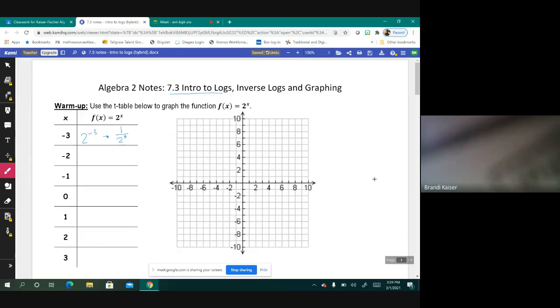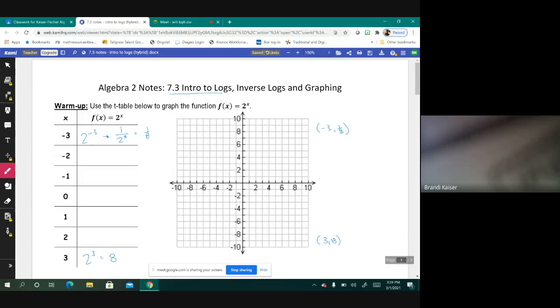And then if you simplify 2 to the third, that becomes 1/8. So one of our points that we're going to plot is -3, 1/8. Now we also have a positive 3, so you could also do 2 to the third power, which we already just found. That would be 8, and that means we also have the point 3, 8 to plot.